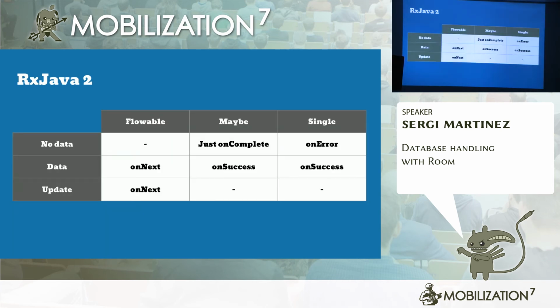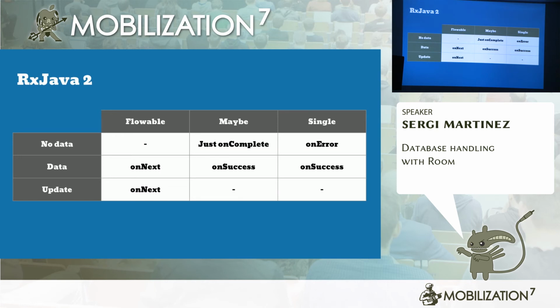In the case of Flowable, if there is no information, nothing will happen. If there is data, we will receive the data on next. And the good thing about Flowable is that if somebody updates the table, the Flowable will emit the information again. So it's a live subscription.